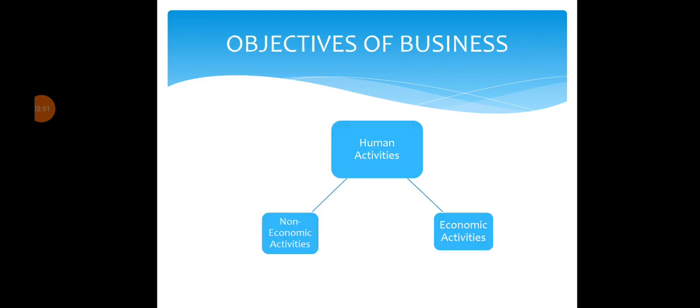So let us see what are the objectives of business. In business, human activities are activities performed by humans. They are divided into non-economic activities and economic activities.